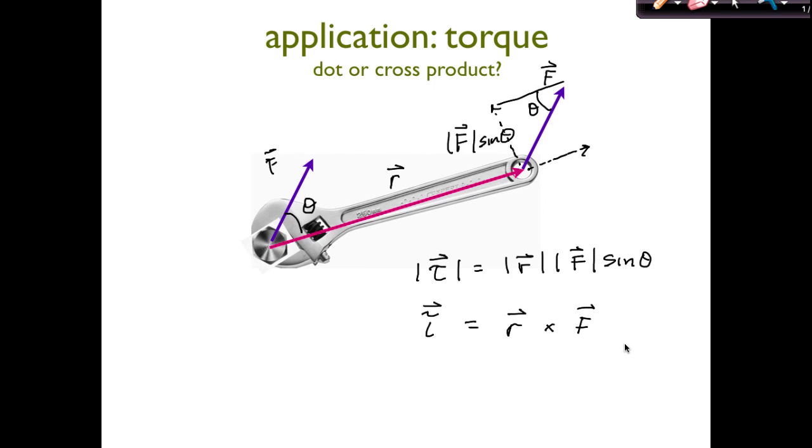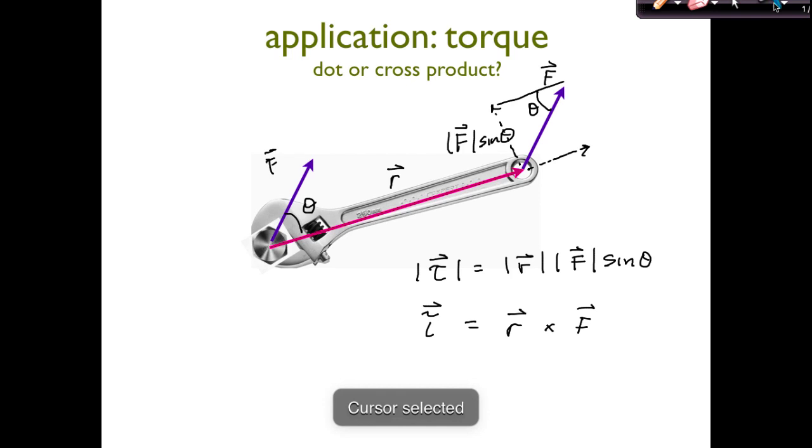Isn't that cool? When you twist a wrench like this, the bolt comes out of the screen. That's the direction of the torque. The vector is this way, and its magnitude is how much twisting force you're applying. Righty-tighty, lefty-loosey, right? Make sense? Okay, so that's torque.